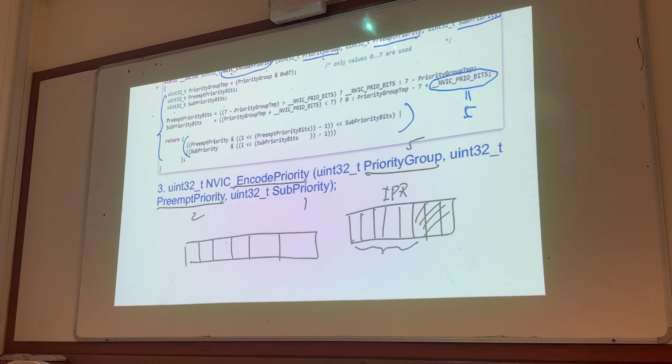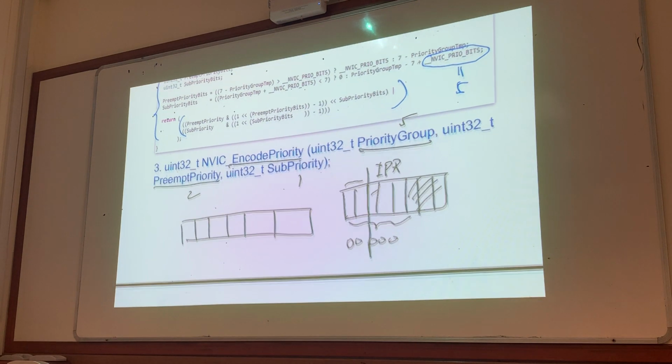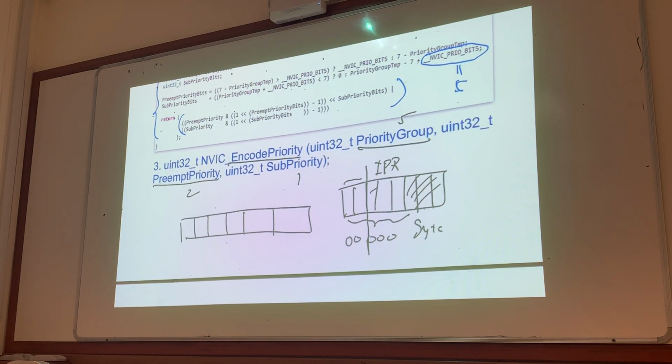Let's say for SysTick, we want 00000. Let's say our group is 5, so we use this part for preempt and this part for sub. This is the value we want for SysTick. And for EXTI3, you want it to be 01 and 000. So the usage of this function is, let's say I want to set my EXTI3.